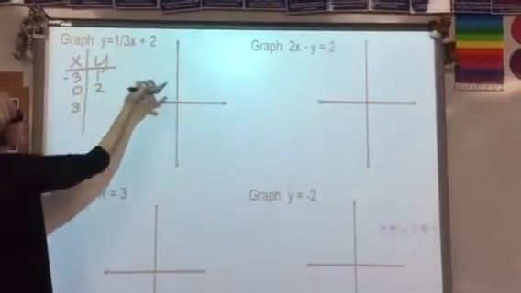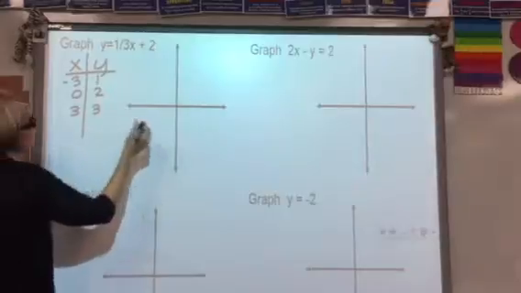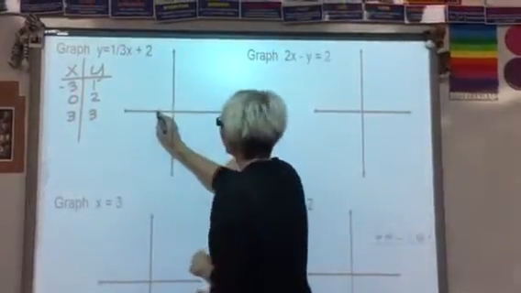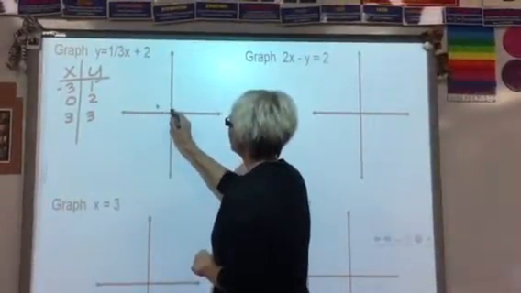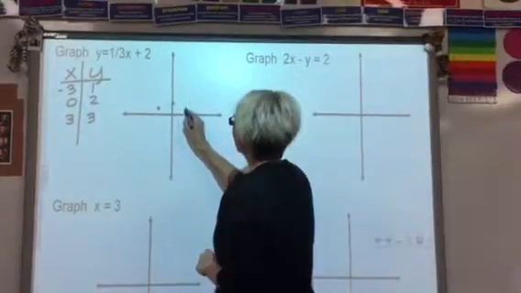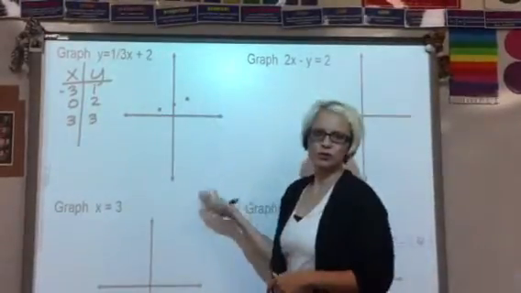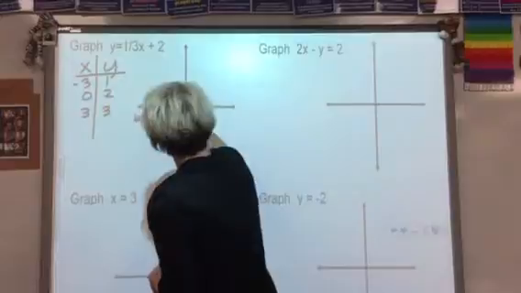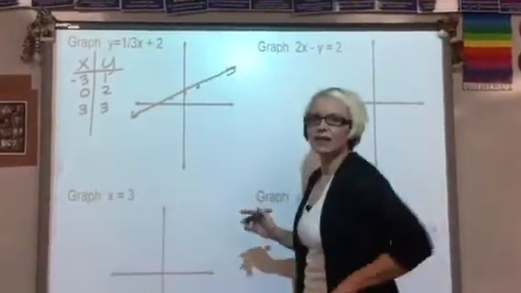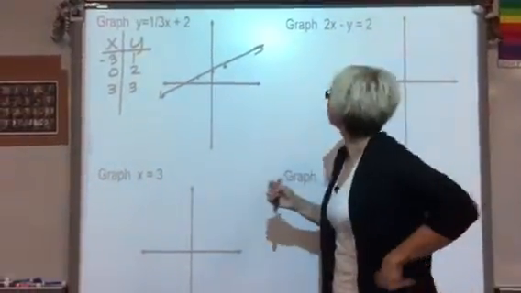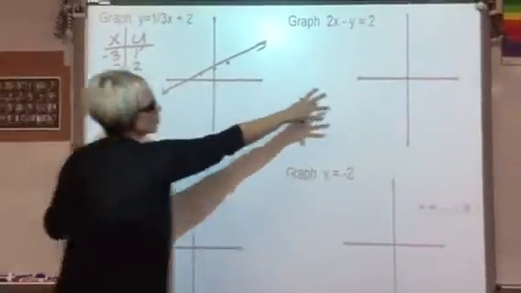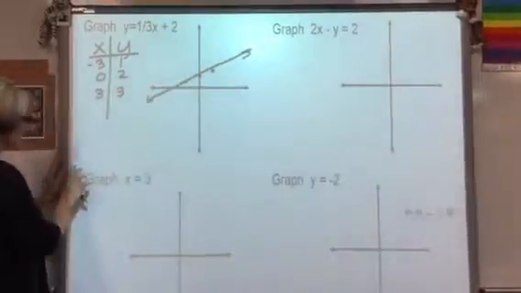And a third of 3 is 1, 1 plus 2 is 3. So this is -3, 1, 0, 2, and 3, 3. And now that I have those 3 coordinates, you can just connect them with a ruler and draw your line. So like I said, try 3. I will have this one in your notes for you to try.